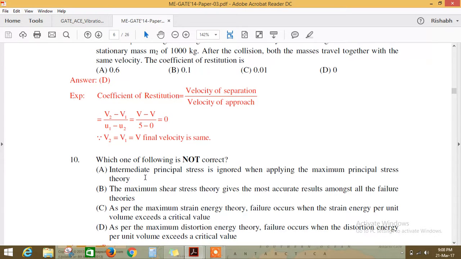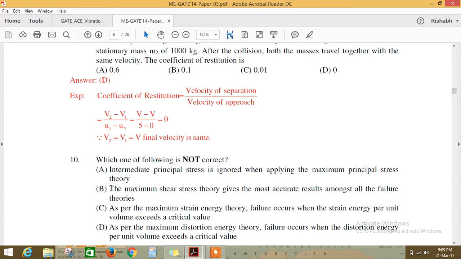How you can judge is, if you have studied the maximum principal stress theory, we have to take only the maximum principal stress, so we are ignoring the intermediate principal stress. So it is absolutely correct.